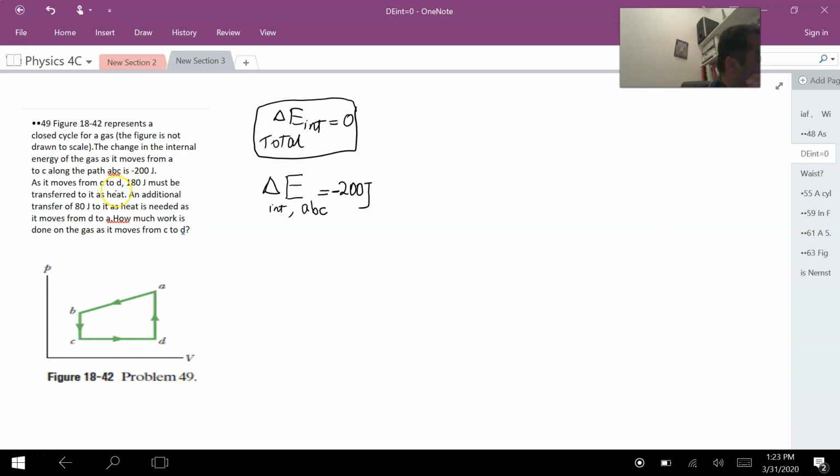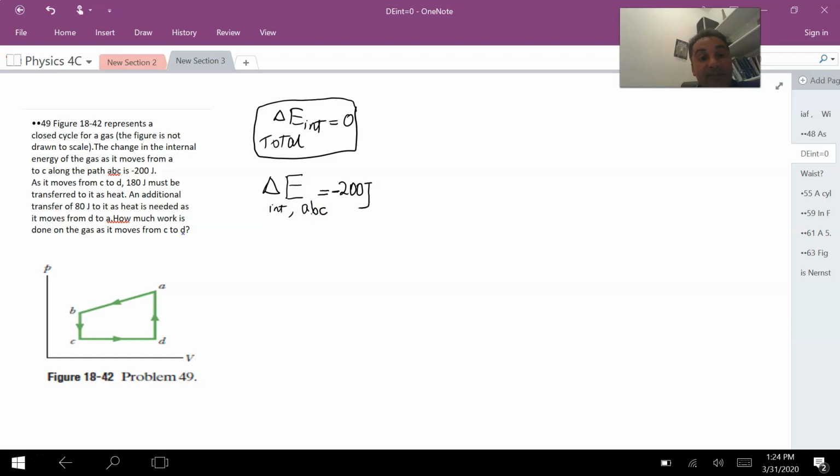As it moves from C to D, 180 joules must be transferred to it as heat. An additional transfer of 80 joules as heat is needed as it moves. The change in internal energy of the gas as it moves from A to C, which is ABC, is negative 200 joules.